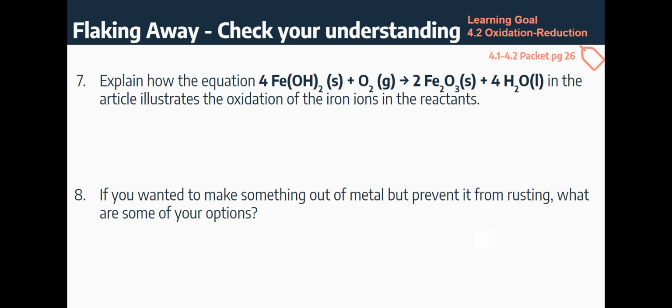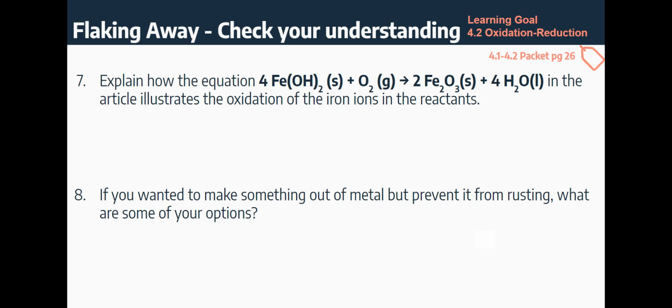In Fe(OH)2, iron's 2 plus, oxygen's a 2 minus, hydrogen's a 1 plus. In O2, that oxygen has an oxidation state of 0. In Fe2O3, that iron's a 3 plus, oxygen's a 2 minus. And in water, oxygen's a 2 minus, while the hydrogens are 1 plus. We see oxygens and irons change oxidation numbers in this reaction. So this is a redox reaction.